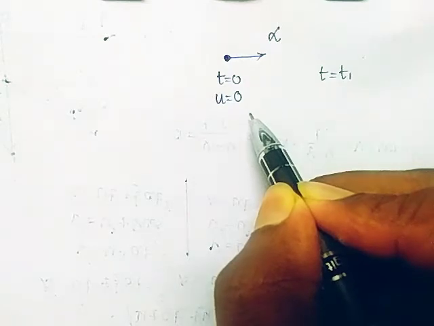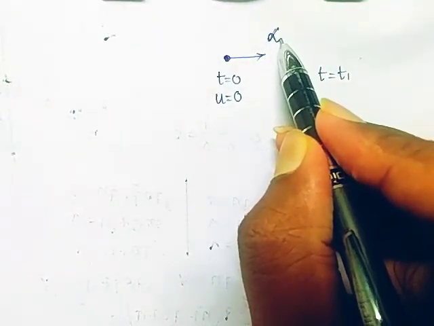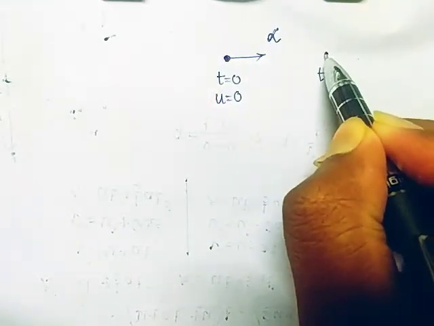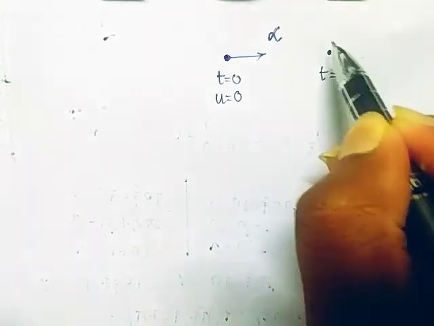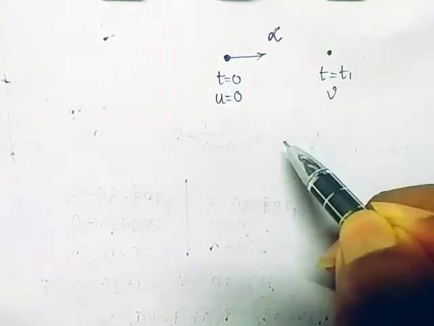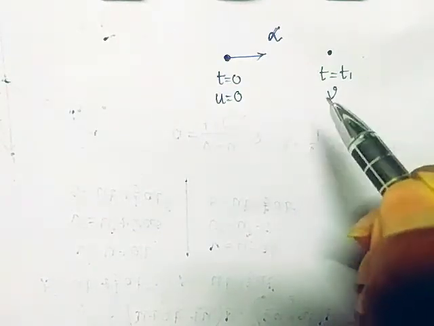No time dependence is here, with constant acceleration alpha up to time t1, and at this point on its path its velocity is now v. Obviously it is not 0, it has some value.